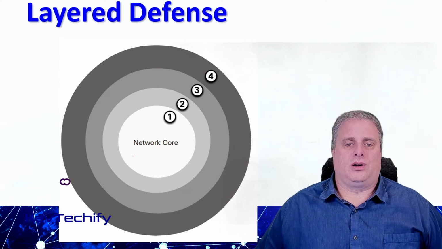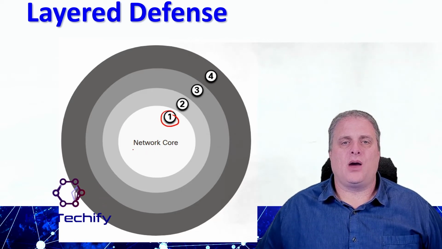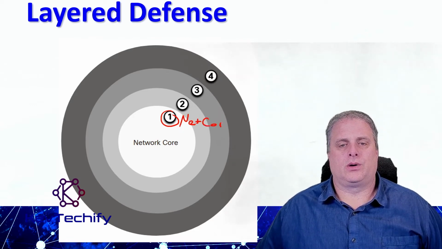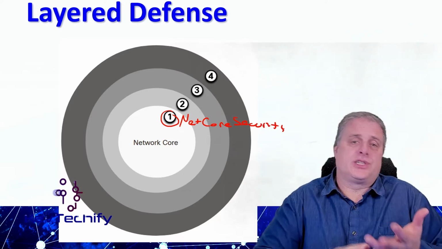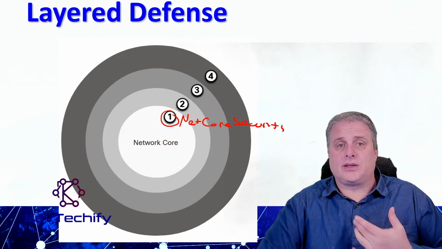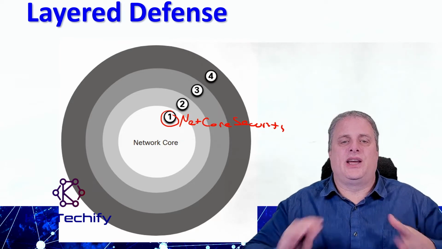At our core, number 1, is network core security. This protects against malicious software and traffic anomalies. It also enforces network policies and ensures survivability, that your network does stay up.